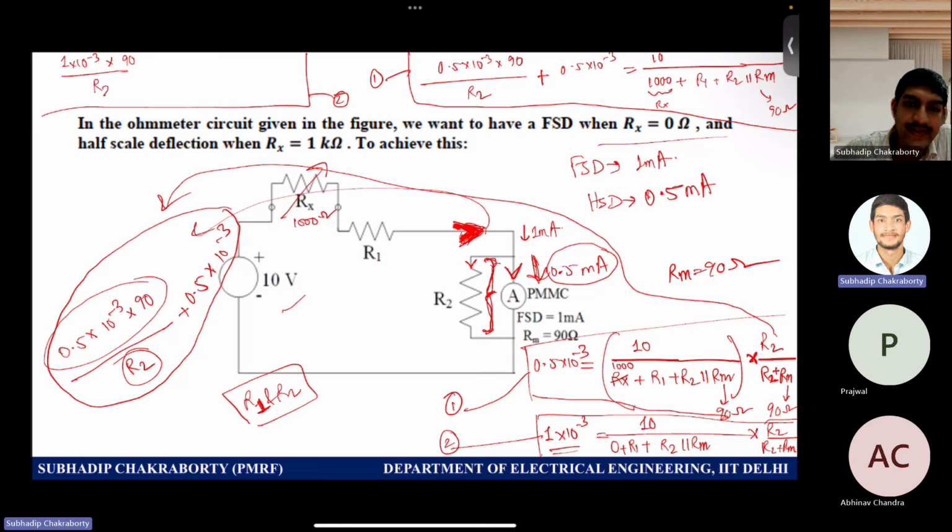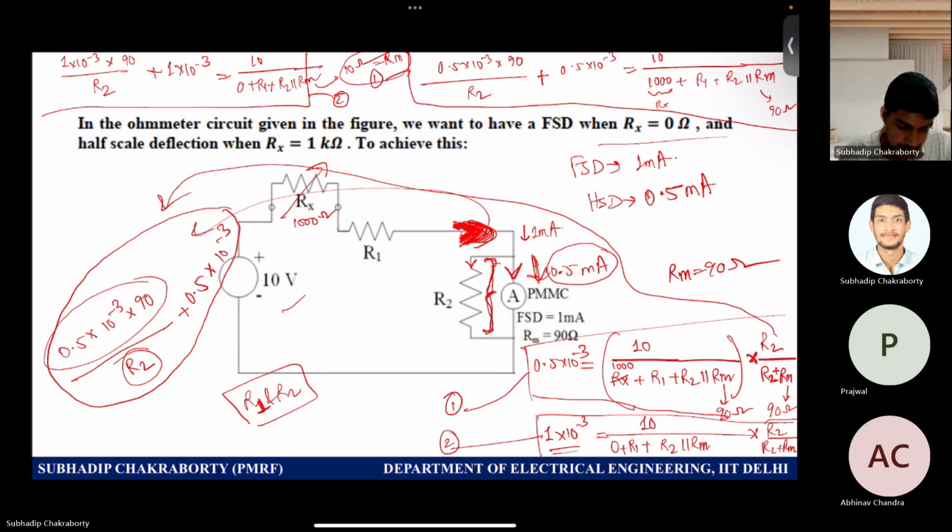Divided by R2, you will find the current, plus the full scale deflection current, which will give you this net current. And this net current in that condition will be equal to 10 divided by Rx, where Rx is 0 in that condition. So 0 plus R1 plus R2 parallel Rm. Rm is 90, same for both cases.